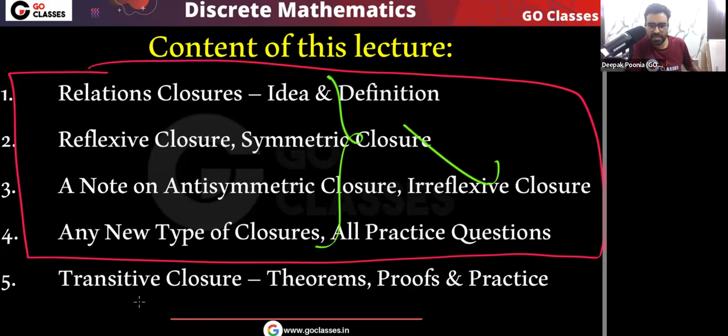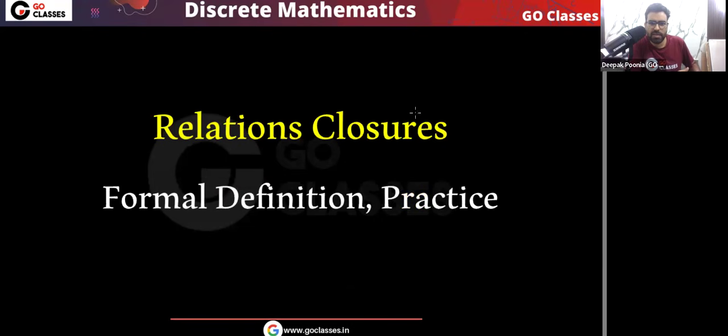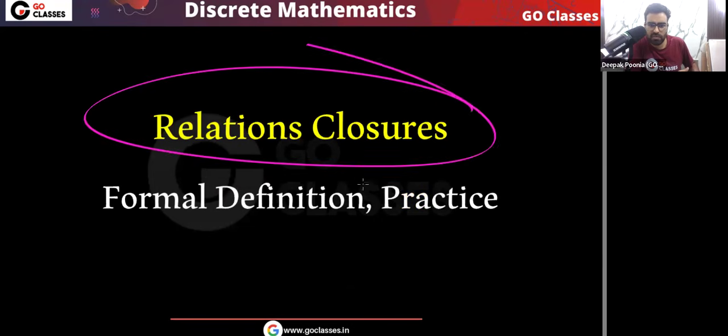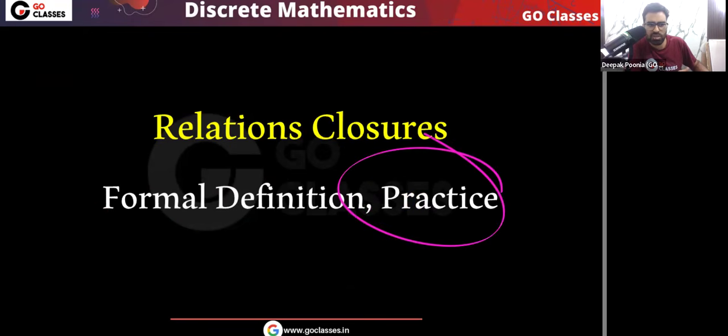But still, what do we need to do? We need to see the formal definition, because in the GATE exam, they can ask you some true-false questions based on the formal definition. Now we will see the formal definition of relation closure, and using it, we will solve all the questions that we have already solved.